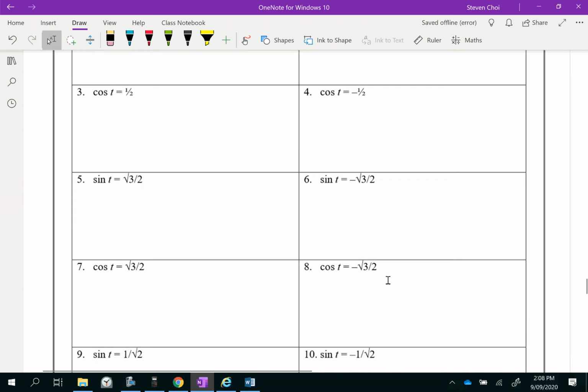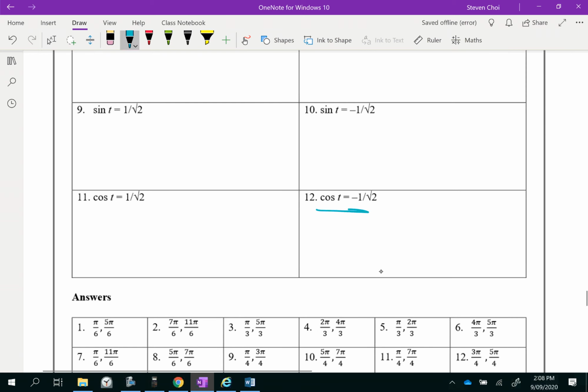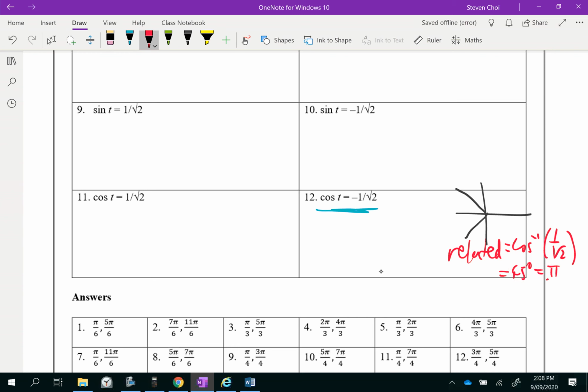For last one, okay, I'll do the last one. How does this work? Negative in the second and the third quadrant. What's the related angle? Related cos inverse 1 on root 2. But if you remember the exact ratio, that's 45 degrees, which is pi over 4.